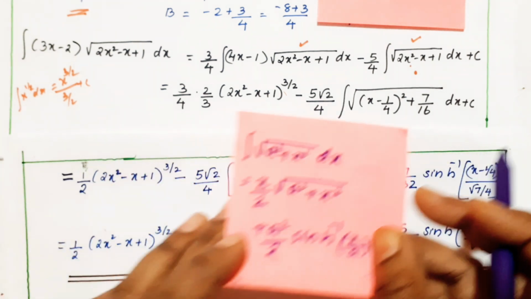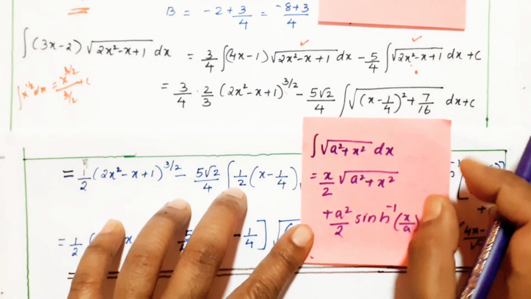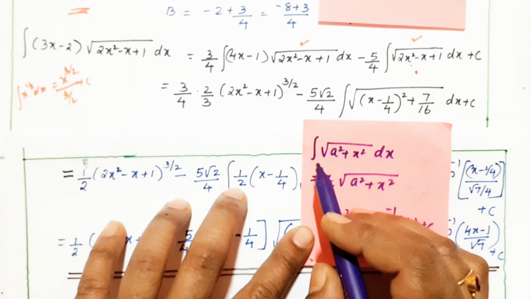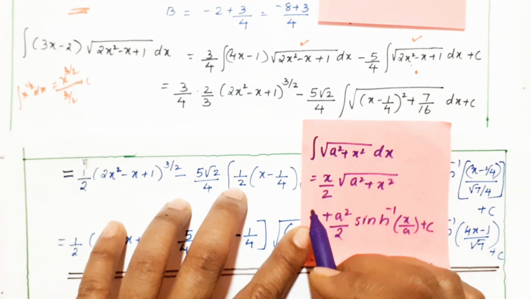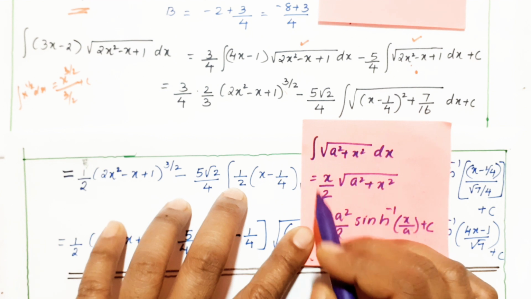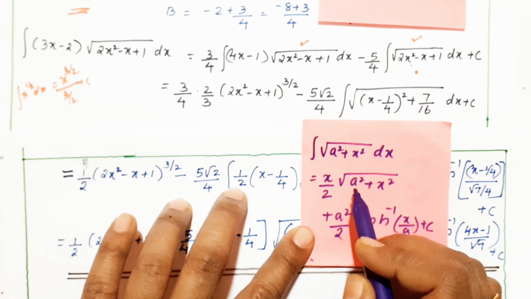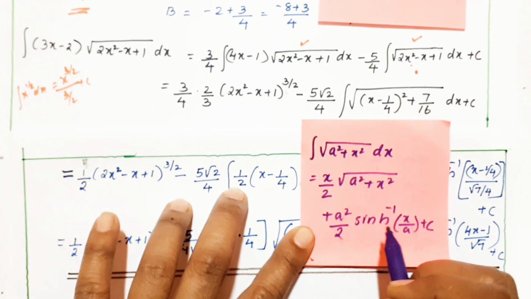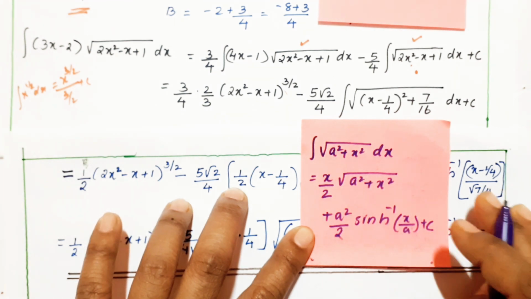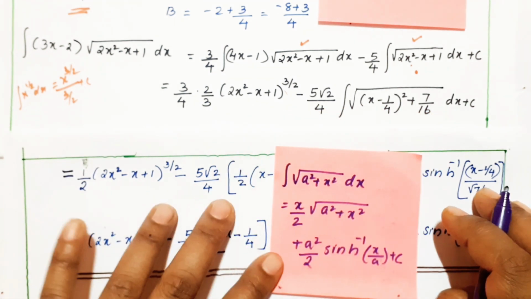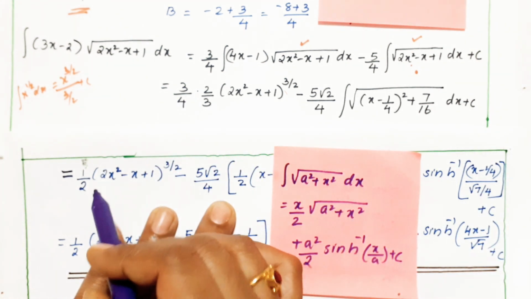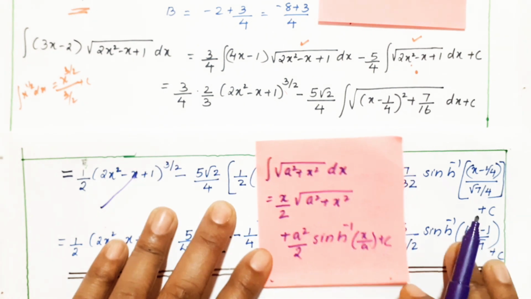This is in the form of integral of root over a square plus x square dx or root over x square plus a square dx. What is expansion? X by 2 root over a square plus x square plus a square by 2 sinh inverse x by a plus c. Now you check it. The first term there is no problem. 2, 3 cancel, 2 get cancel and we get this one. There is no problem for that.